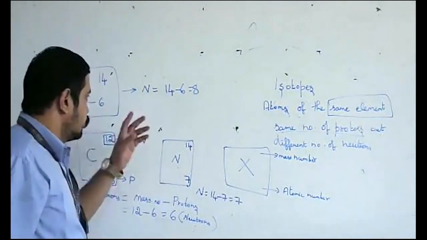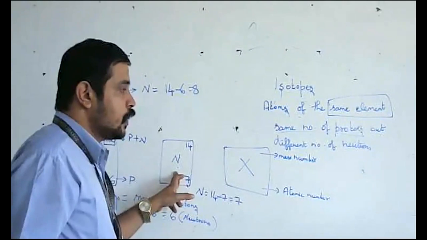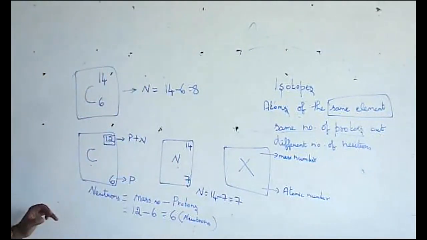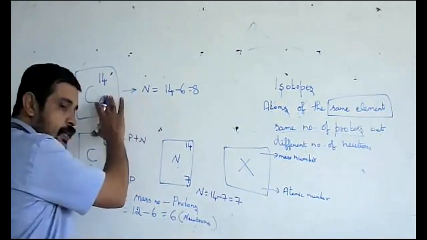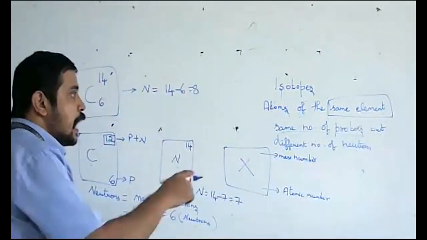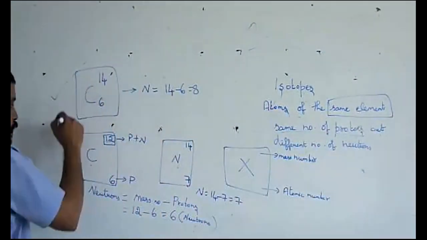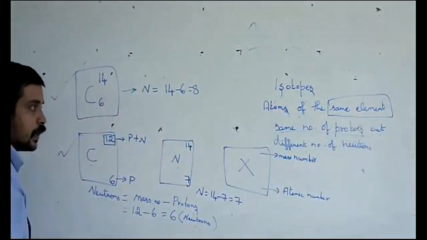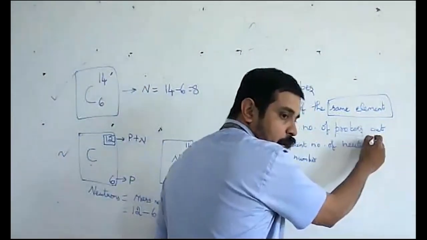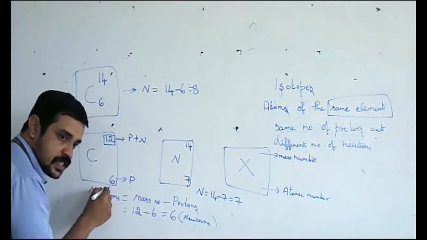So, you have to understand, these two are not isotopes of each other. But if you take these two, they correlate with this definition. How? Atoms of the same element. These two are the same element, carbon, with the same number of protons: it is 6 and here also it is 6.